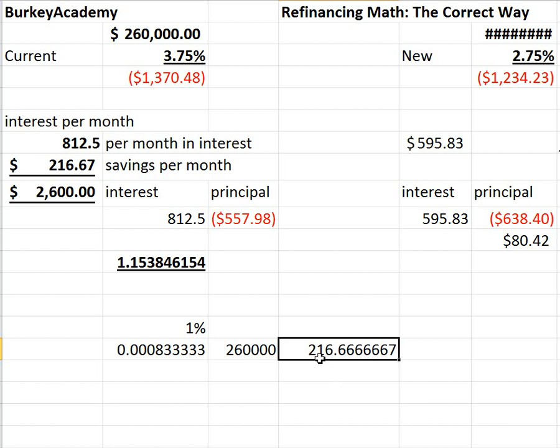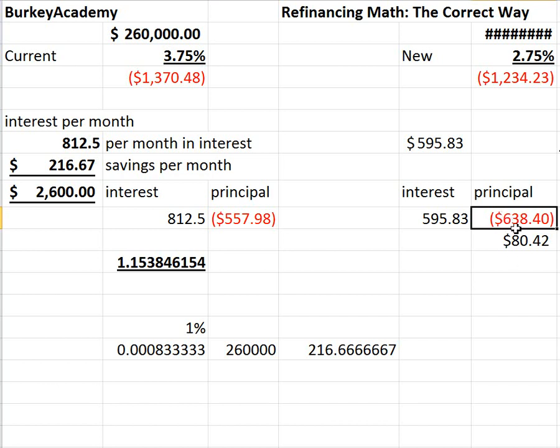Now, that being said, I just have to say one more thing, that as your balance goes down each month, well, let's just look at the first month. In the first month, if you refinance, your principal will go down $638. So now you're not going to owe the bank $260,000 anymore. You're going to owe the bank $259,362 roughly.